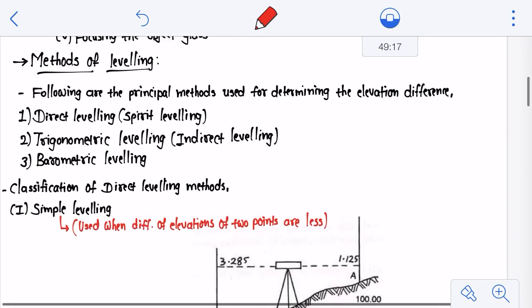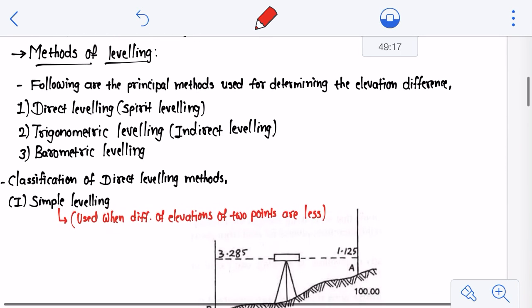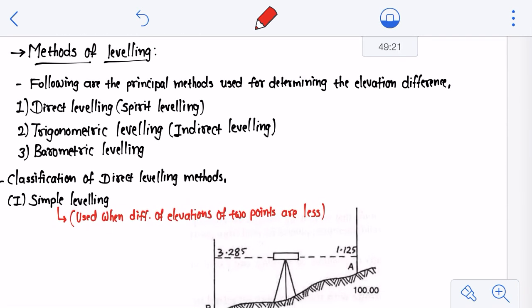Now after this adjustment, the next part that I have to discuss is the application. As we move from the introduction to the application part of leveling, it is going to be more of a technical discussion. It will basically start with the different methods or types of leveling available.